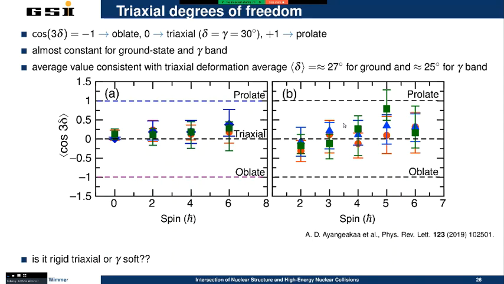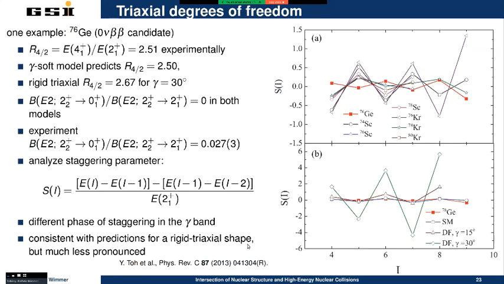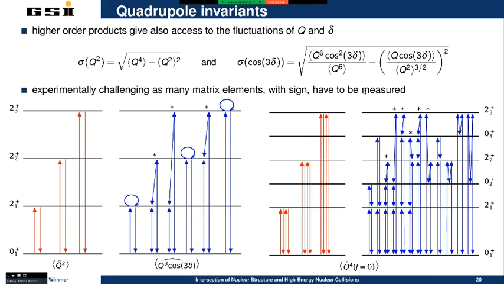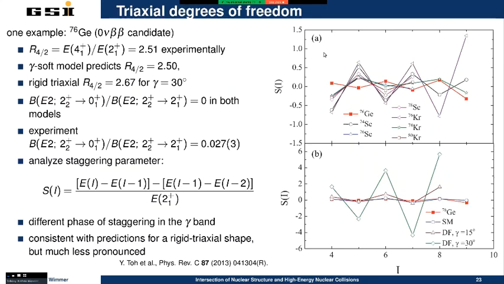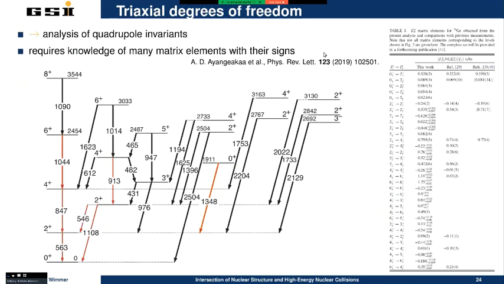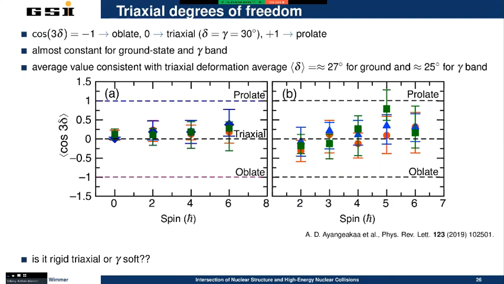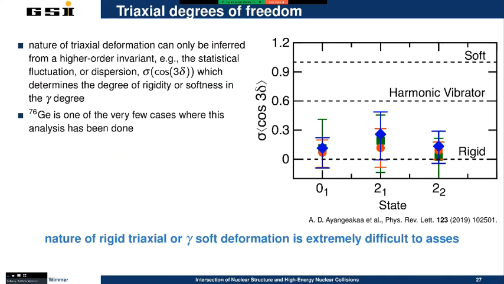But the question which is still not addressed is: is this triaxial or is it gamma soft? And to address this question, you need to have the Q6 invariance. And in this experiment, because they have so many matrix elements, they actually are able to get some kind of information about the fluctuations of cos 3 delta.